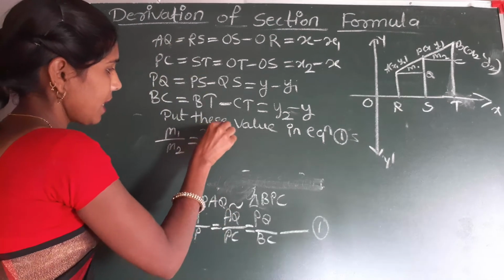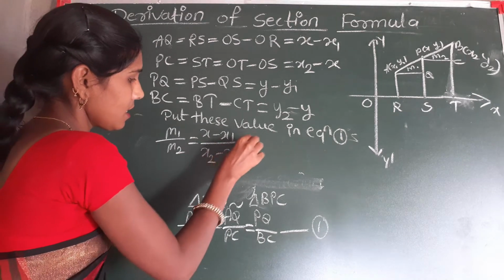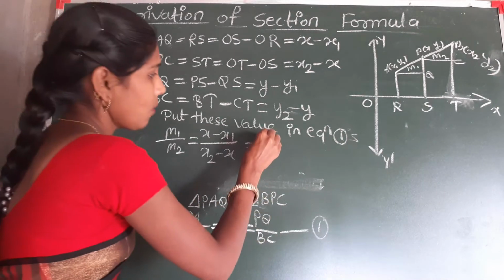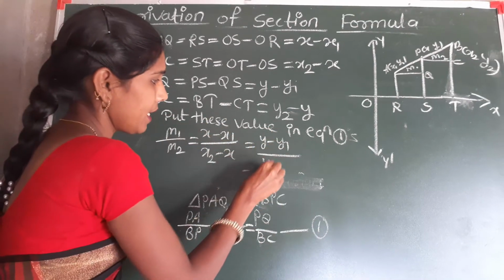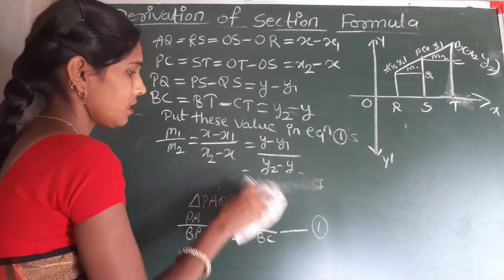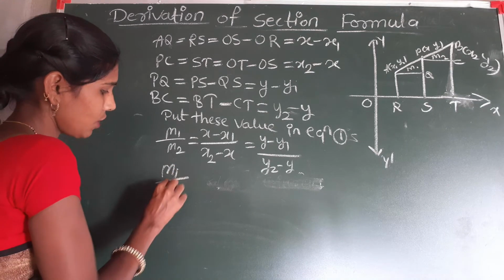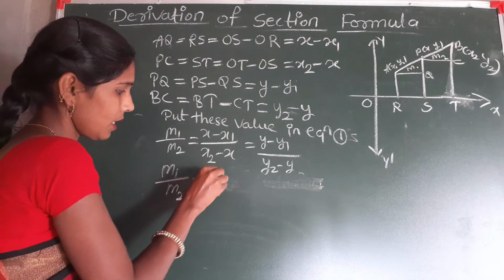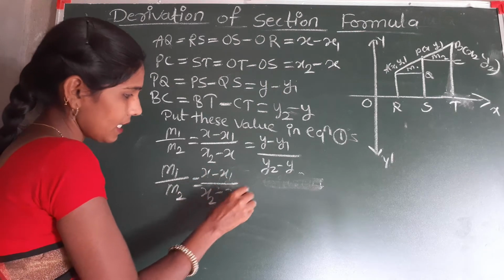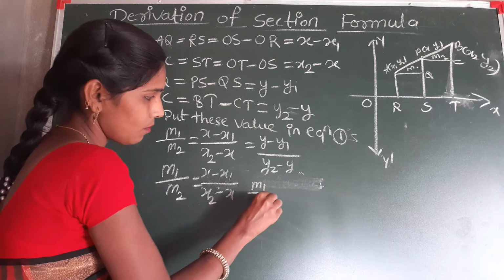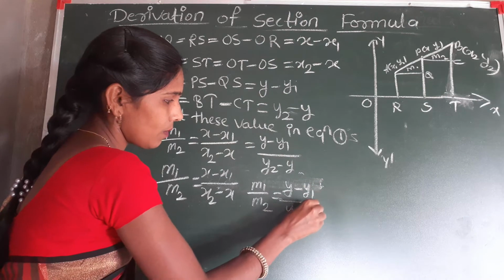AQ is x minus x1 and PC is x2 minus x, equal to PQ is y minus y1 and BC is y2 minus y. Next, from similarity we can write m1 divided by m2 is equal to x minus x1 divided by x2 minus x, and m1 divided by m2 is equal to y minus y1 divided by y2 minus y.